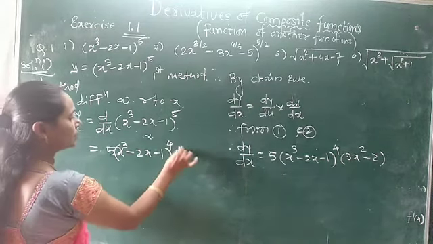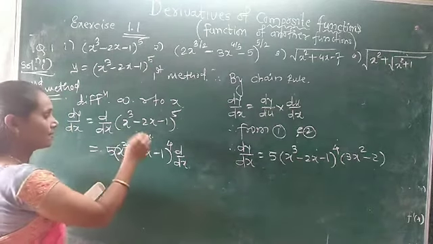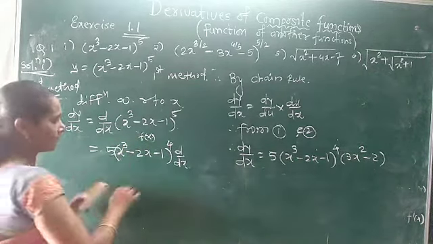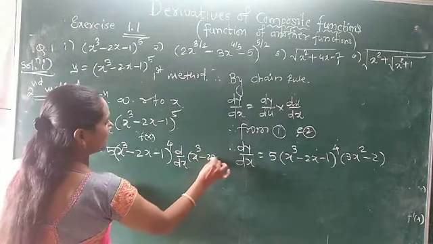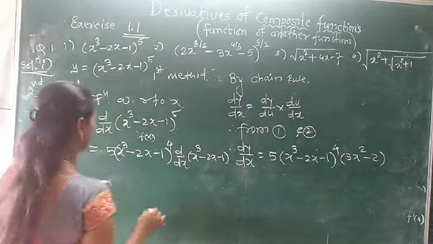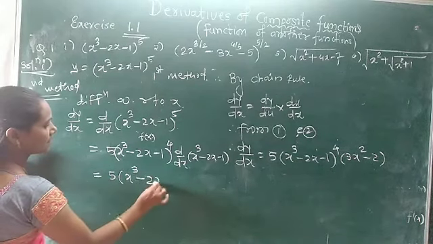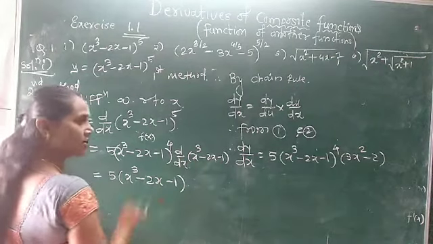4, into, take a derivative, multiply by the derivative of this function. Now this is not only x, this is our f of x. So here take the derivative of x cube minus 2x minus 1. So this term as it is, x cube minus 2x minus 1, into the derivative of this function.